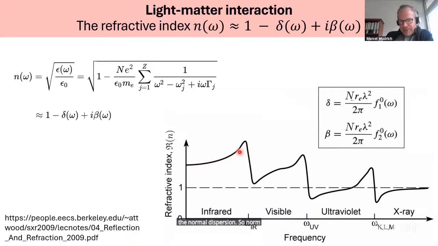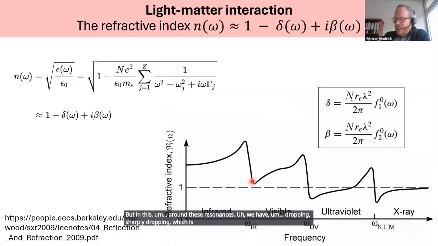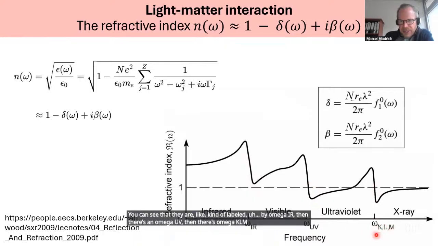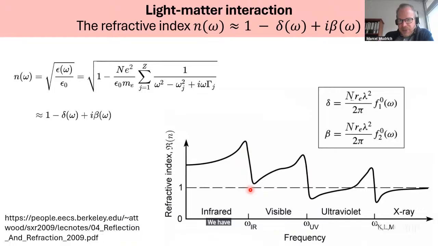Normally we have increasing index of refraction as a function of frequency, but around these resonances we have sharp drops, which is the anomalous dispersion. So where do these sudden drops, these steps, come from? You can see that they are labeled by omega IR, then omega UV, then omega KLM. So what are these frequencies where we have these sharp drops?